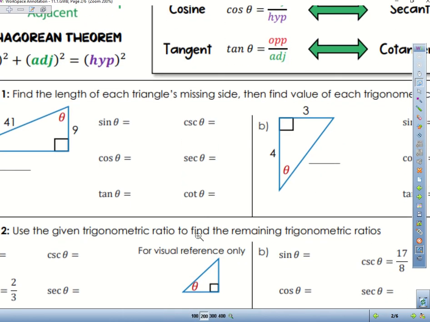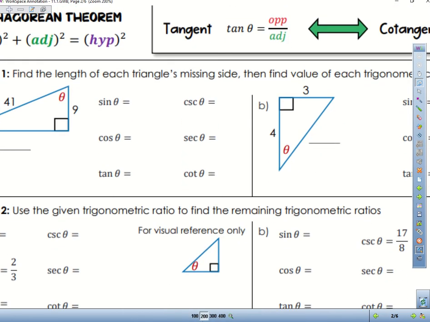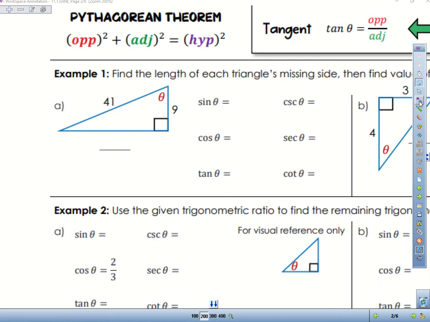So first thing we're going to do is we're going to solve a missing triangle, okay? To identify the trigonometric ratios for a triangle, you first have to have all three sides. As you can see, we're missing a side here, so we're going to have to use Pythagorean theorem. So the hypotenuse has to be c, or the one over here.